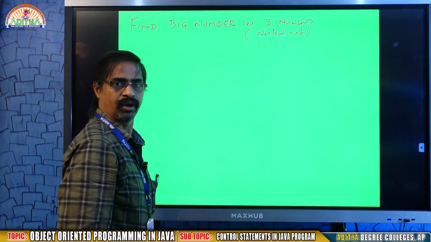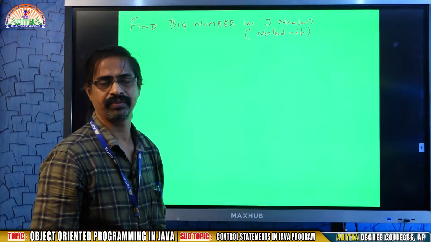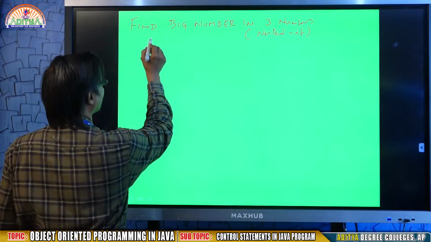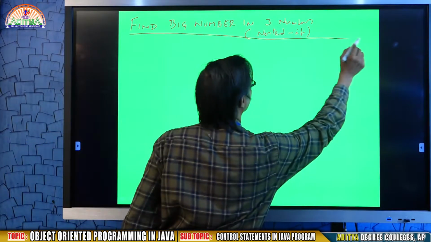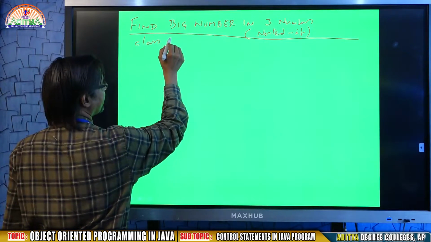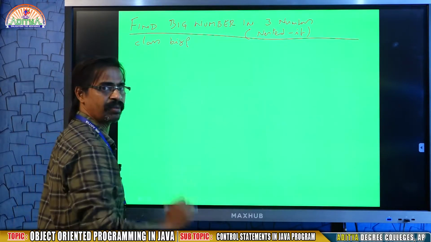How do we write it? To find the big number in 3 numbers, as usual we have to take 3 numbers as input. Every Java program starts with a class name. I'm taking the class name as big; you may write any name.